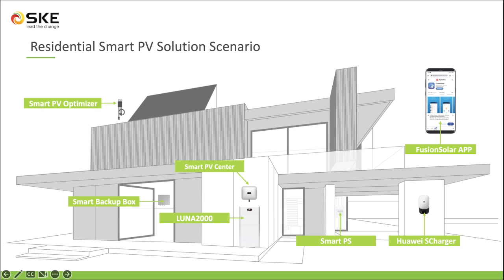In other words, without the integration of a smart power sensor and a smart dongle, it is not possible to achieve the full experience that Huawei technologies provides to our customers. So we recommend every installer to use them. For further details related to the commissioning, the integration, and the whole visualization inside our FusionSolar management system, we will get into details in the next slides.